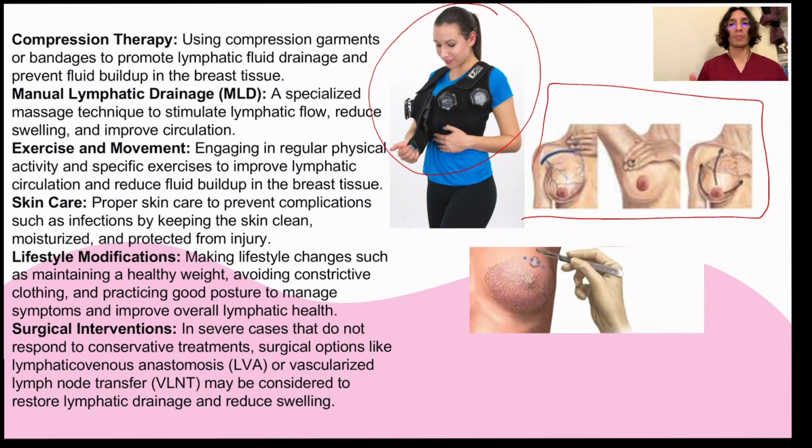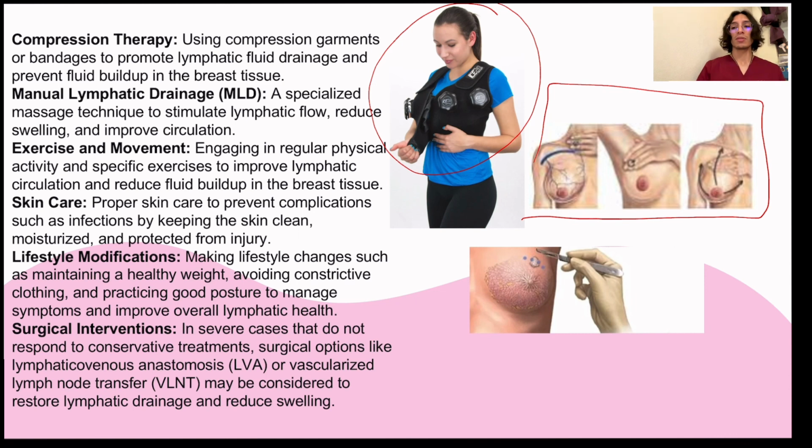Skincare: proper skincare to prevent complications such as infections by keeping the skin clean, moisturized, and protected from injury. Lifestyle modifications: making lifestyle changes such as maintaining a healthy weight, avoiding constrictive clothing, and practicing good posture to manage symptoms and improve overall lymphatic health.